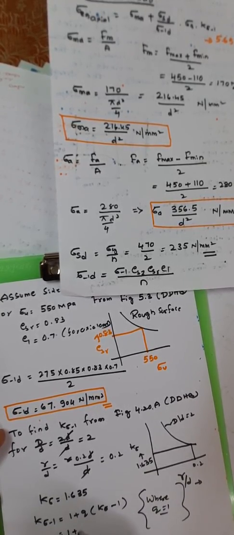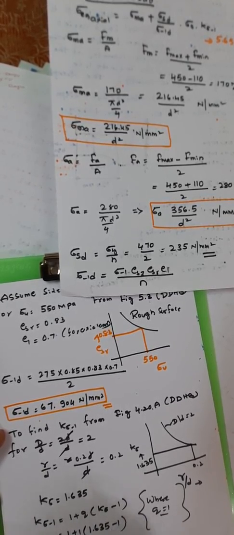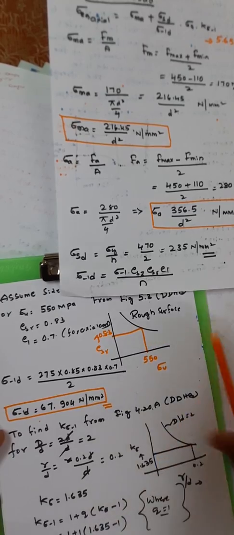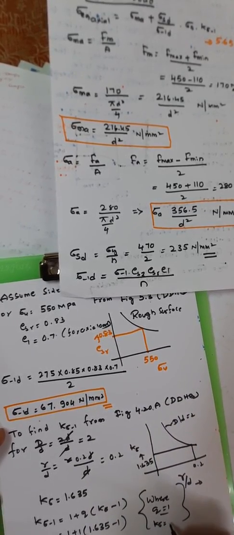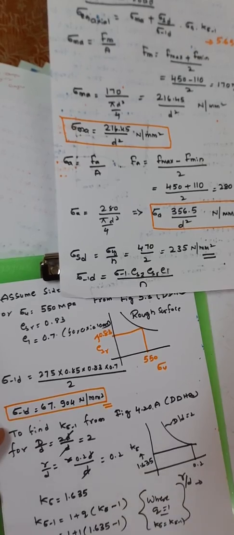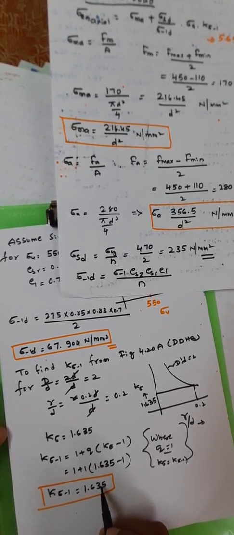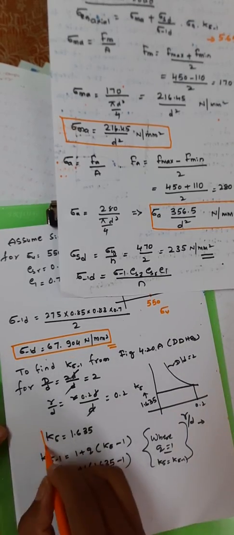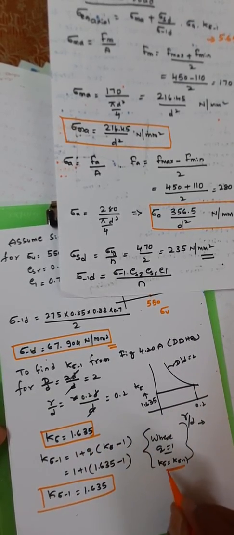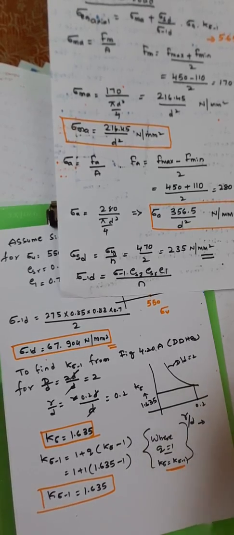If you substitute 1 plus 1 into 1.635 minus 1 and simplify, K sigma minus 1 is equal to 1.635. We get the same value. Here, K sigma is equal to K sigma minus 1.